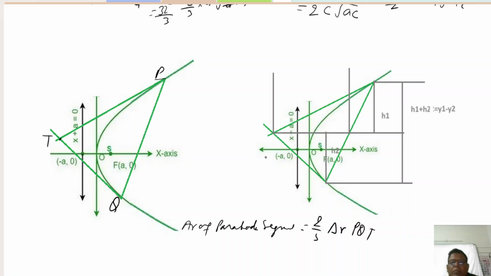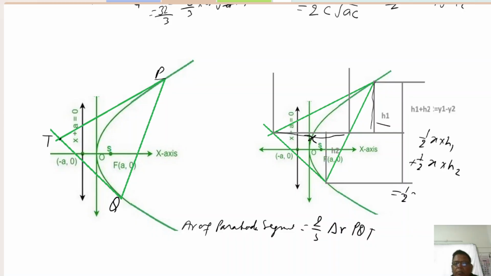So the area of the triangle. Suppose this one is H1, and this one is suppose X. Then half into X into H1 plus half into X into H2 will be the area of the triangle.